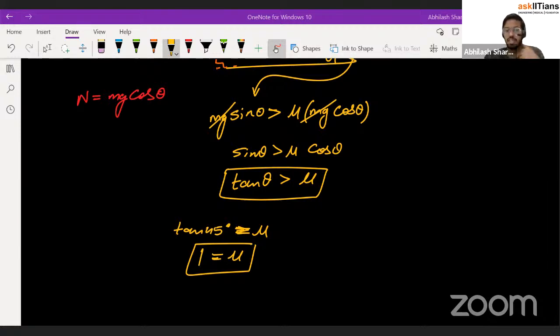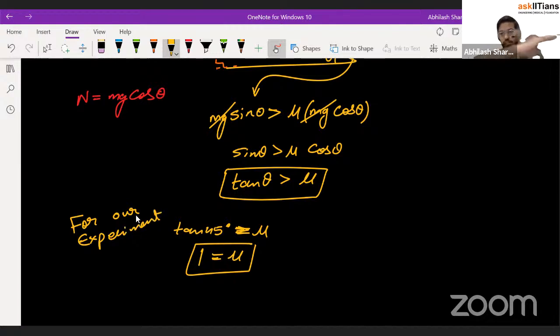Because in the example we did, Samiksha, the experiment we did, we found it to be 45. So I just took an example. You can write there, for our experiment. Right now we did an experiment, right?